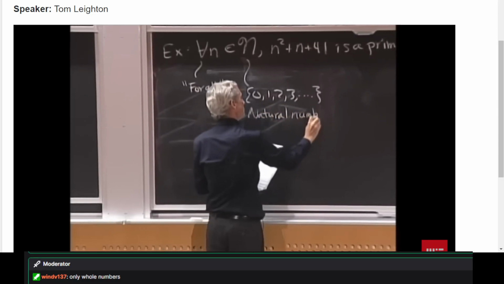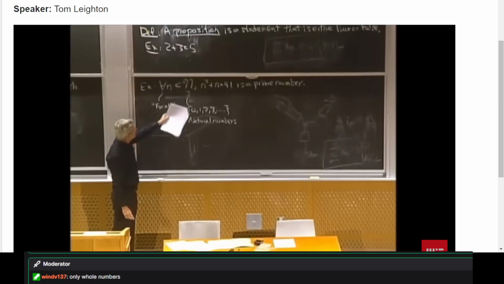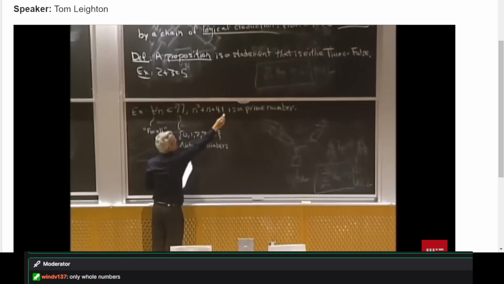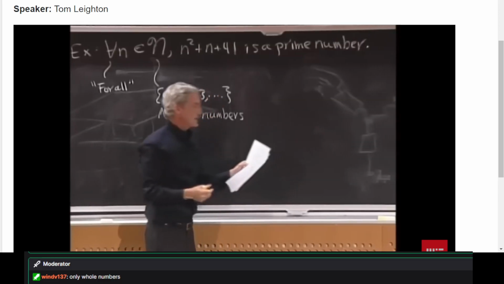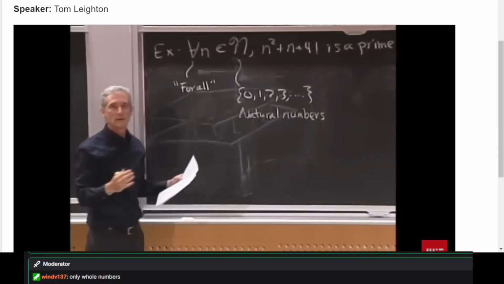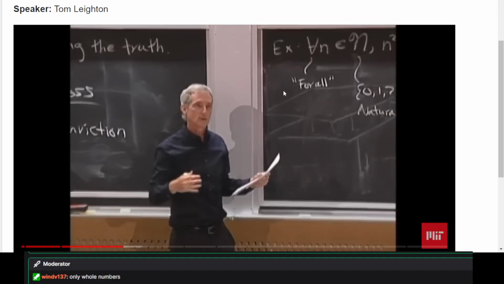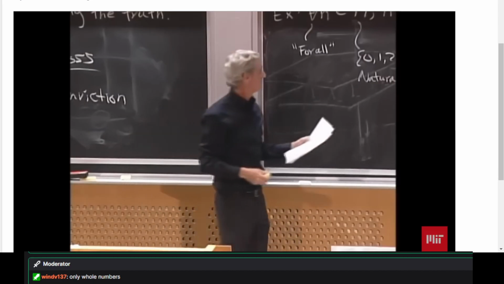So we're saying for every natural number, i.e. for 0, for 1, for 2, for 3, and so forth, this expression is a prime. Now, a prime number is a number that is not divisible by any other number besides itself and 1. So 2, 3, 5, 7 are prime, 9 is not because it's 3 times 3.